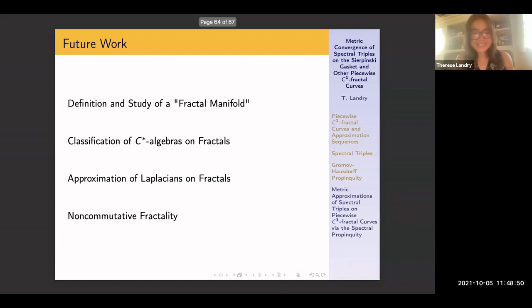And then finally, well, I am a non-commutative fractal geometer. I don't really know too many others. Then the other big one would be non-commutative fractality. So what would a non-commutative fractal be? First of all, there are all these definitions of fractality out there.